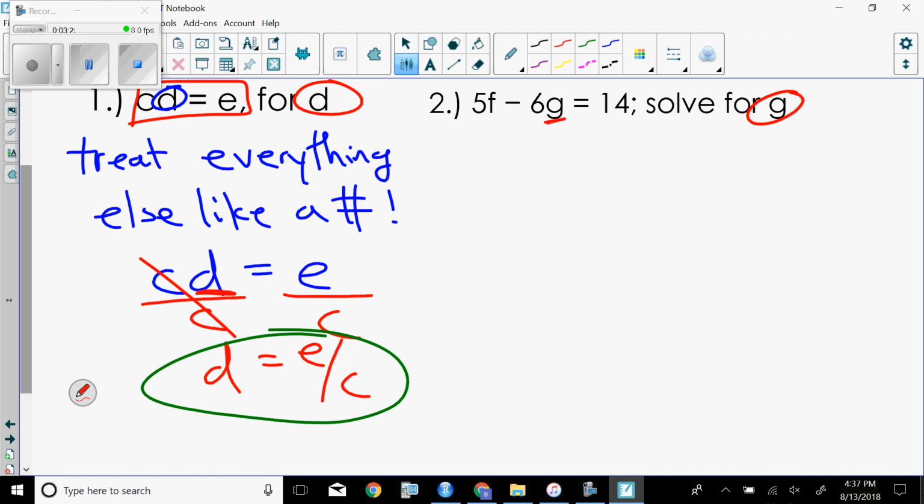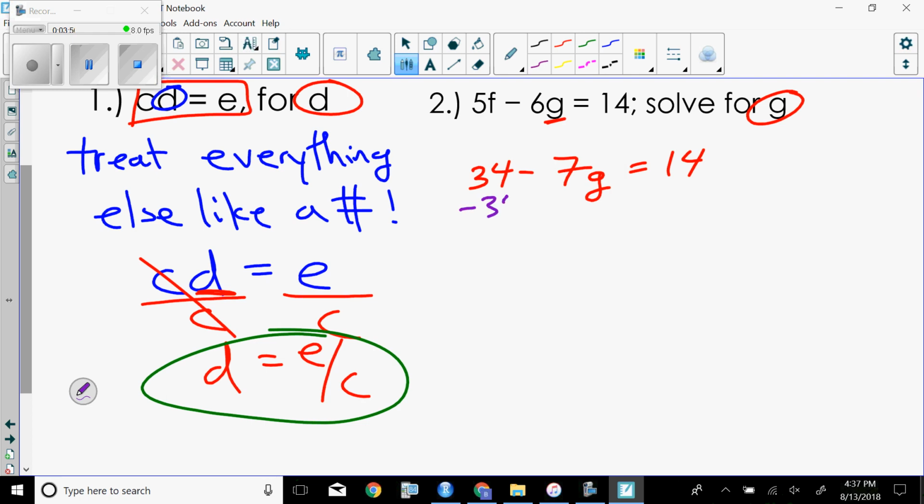Well, G's over here. Now, this is the tricky part for most people. I'm treating everything else like a number. So if I were to make one up, like this is 34 minus 7G equals 14. And I told you to solve that for G. That'd be no problem. I bet you each and every one of you in here would dominate that problem.